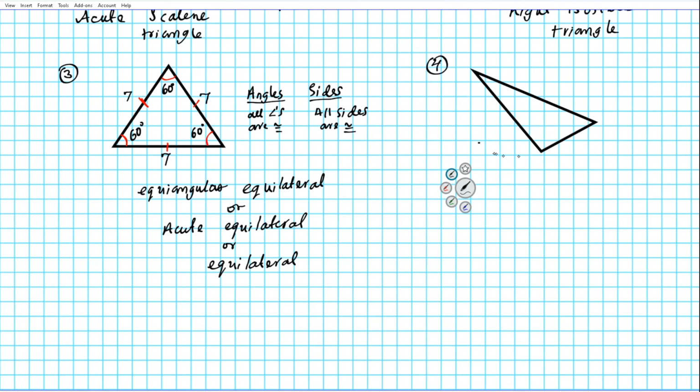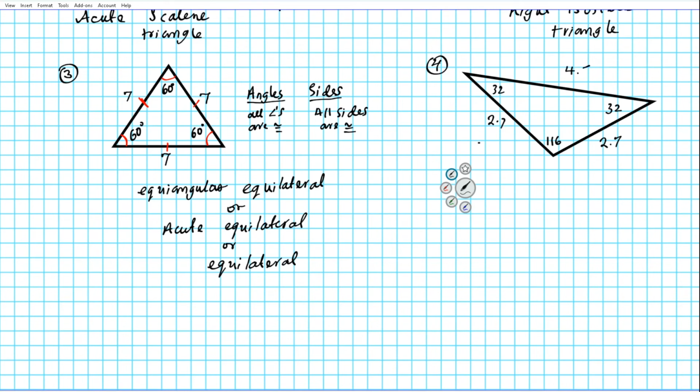All right. Okay, last one before you try out some practice problems. Number 4. Let's say this is 116 degrees and this is 32 and this is 32. Just made a slight change to the drawing, and then this is 2.7, 2.7, and 4.5.